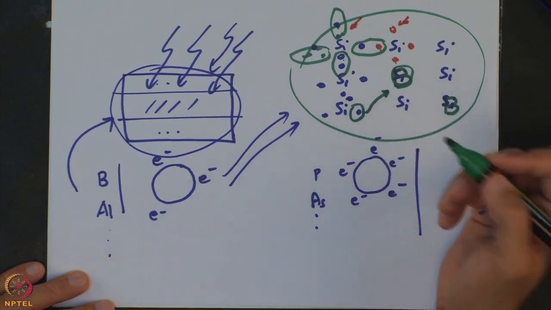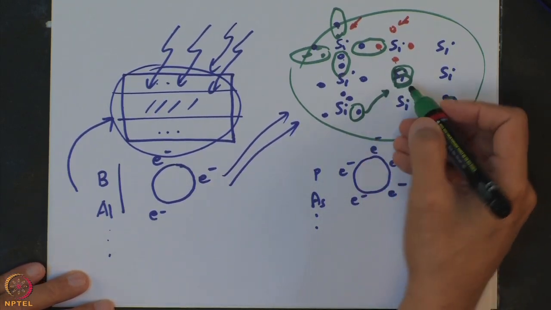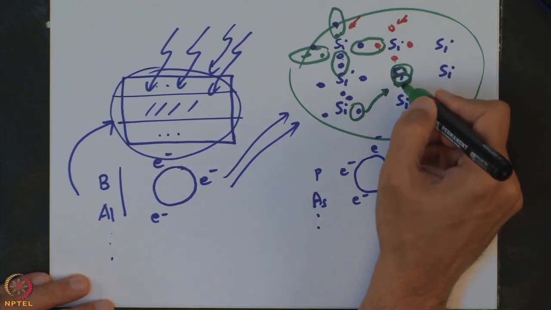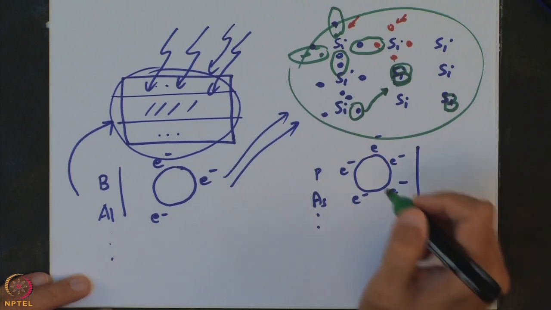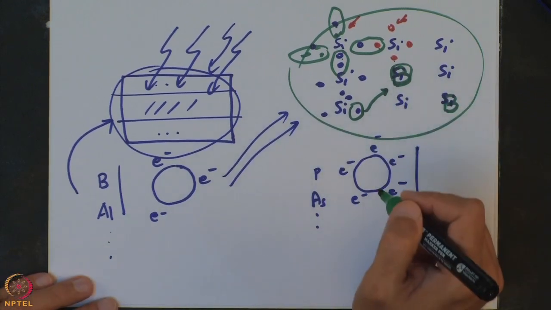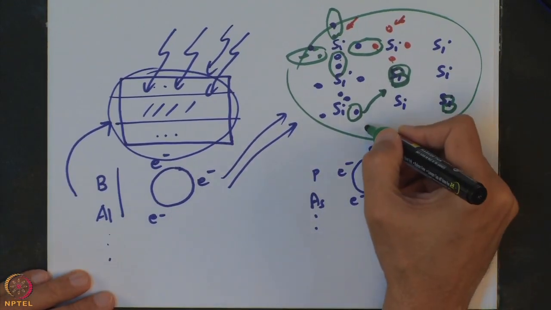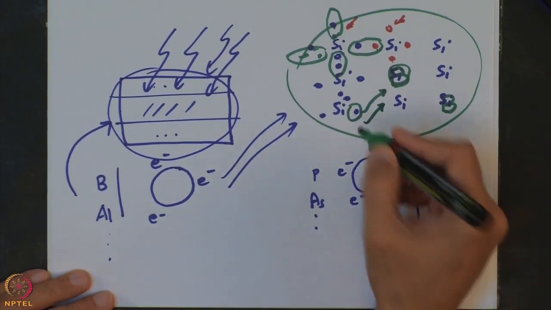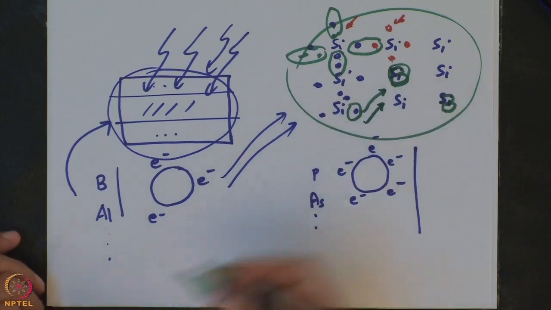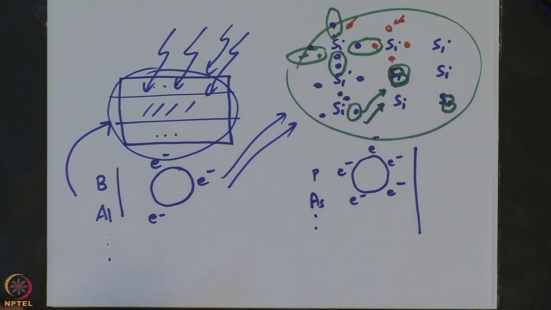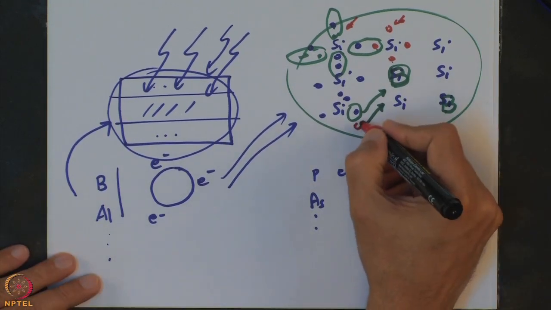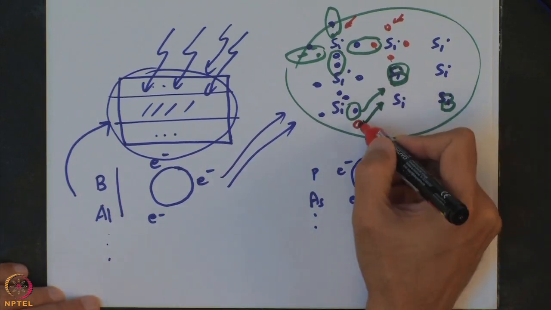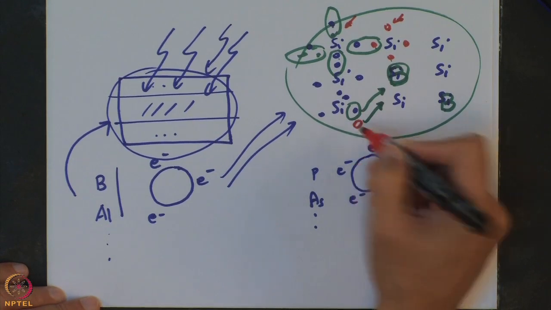That completes the boron's valency requirement, but it does it at the expense of extracting one electron. So, this electron, let us say, moves here, and when it moves here it leaves out what is called a hole. As you can see, this electron is gone there, leaving a missing electron position or the hole.